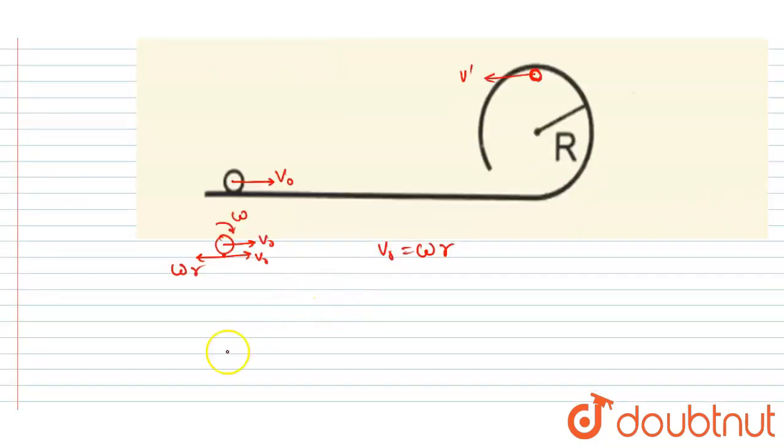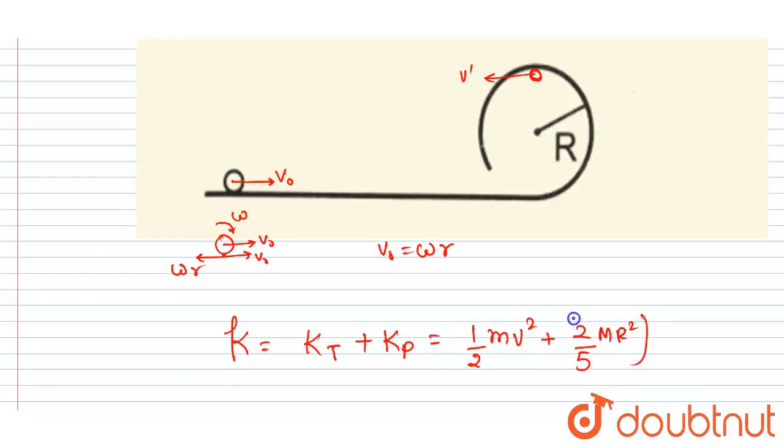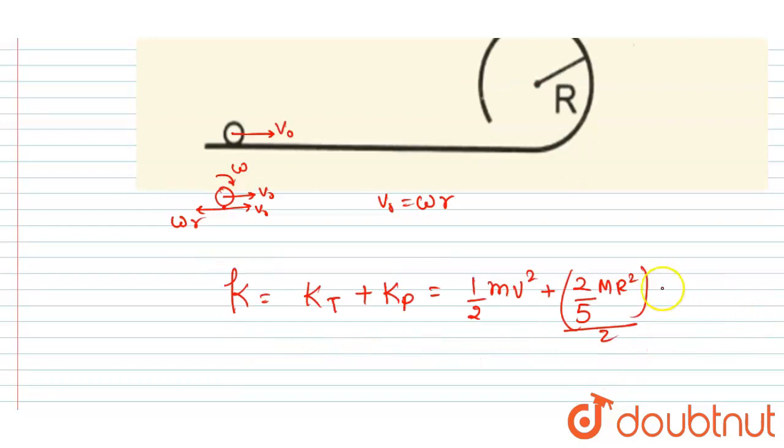At any instant, the kinetic energy of the particle will be translational plus rotational. Translational is half mv square, and rotational is half I omega square, where I is 2 by 5 mr square for a sphere.